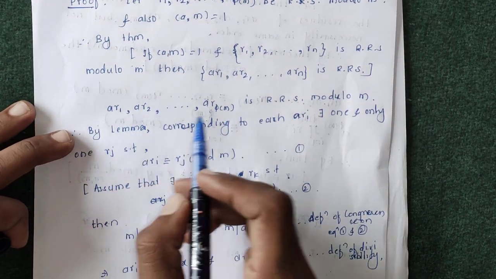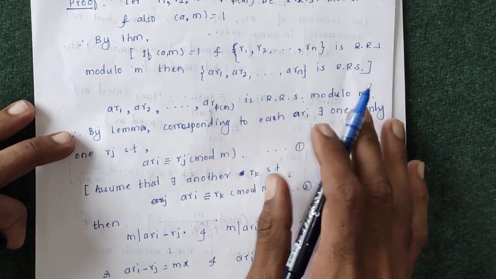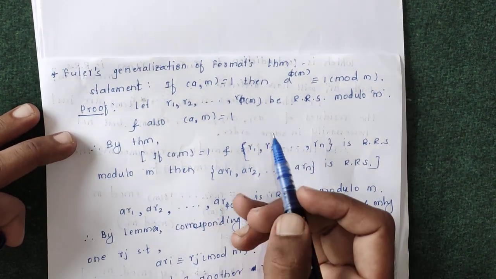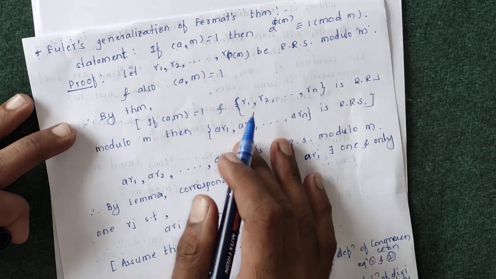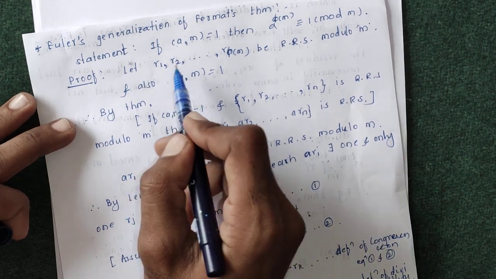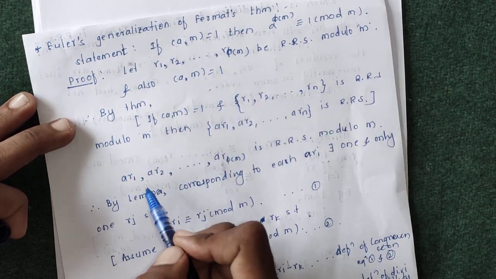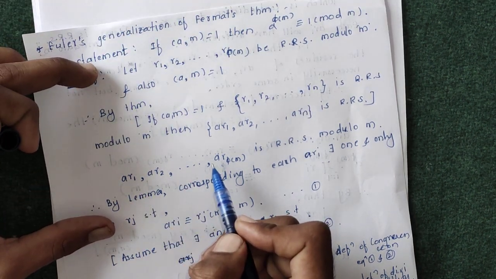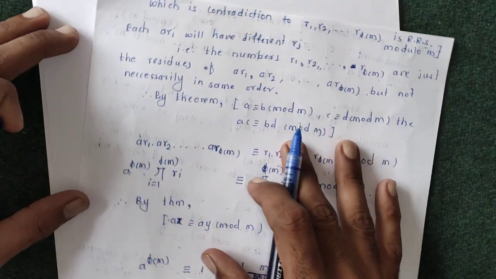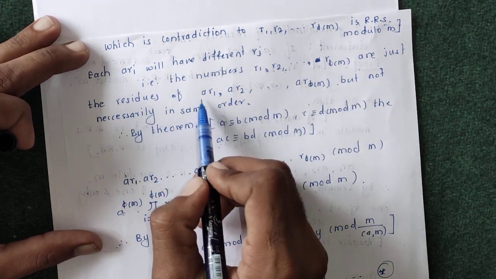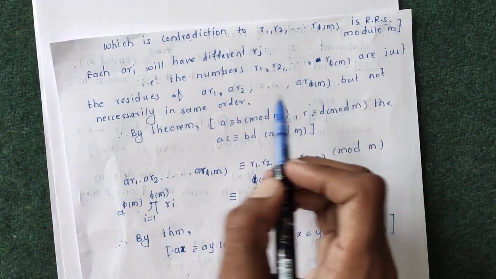So, from that we can say that r1, r2 up to r φ(m) are just the residues, the remainders, when we divide ar1, ar2, up to ar φ(m) by m. That is, these ri are just the residues when these ari are taken under modulo m, but not necessarily in the same order.